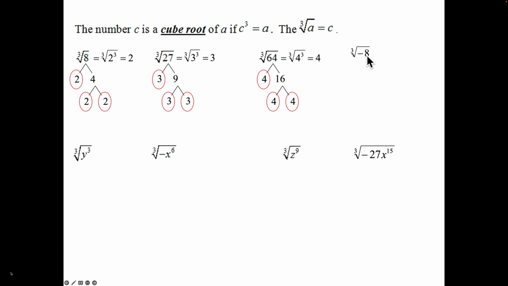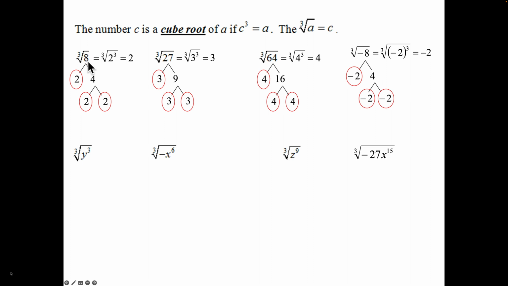The cube root of negative 8 can be done. If I broke this down, it's negative 2 times 4, and negative 4 can be negative 2 times negative 2, so the cube root of a negative 2 to the 3rd power is a negative 2. So you'll notice here there are no roots. They're all singular.